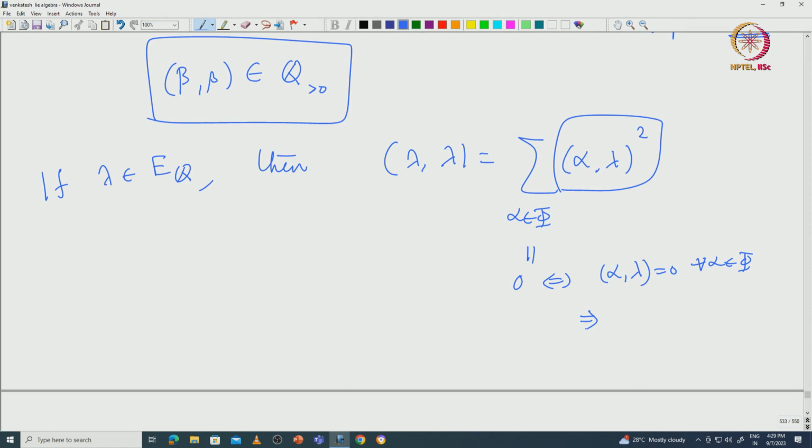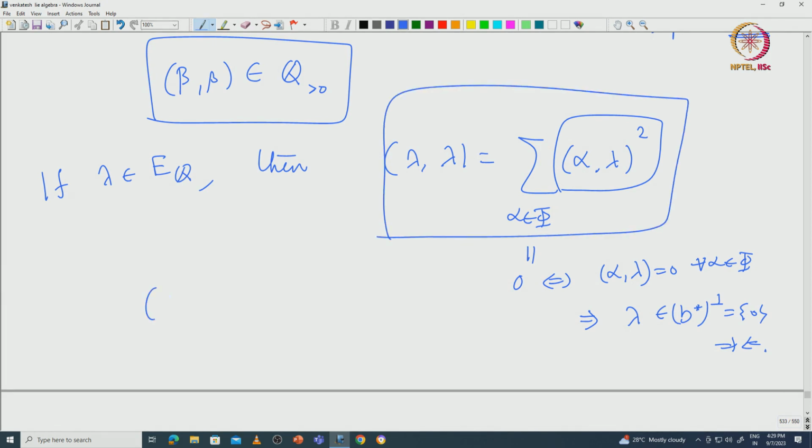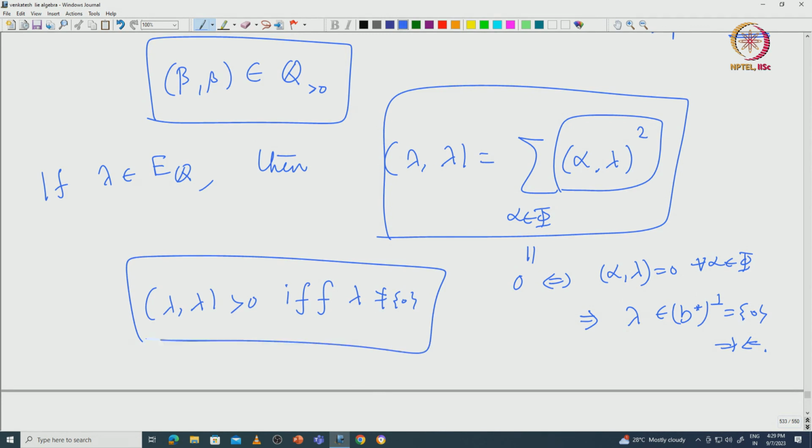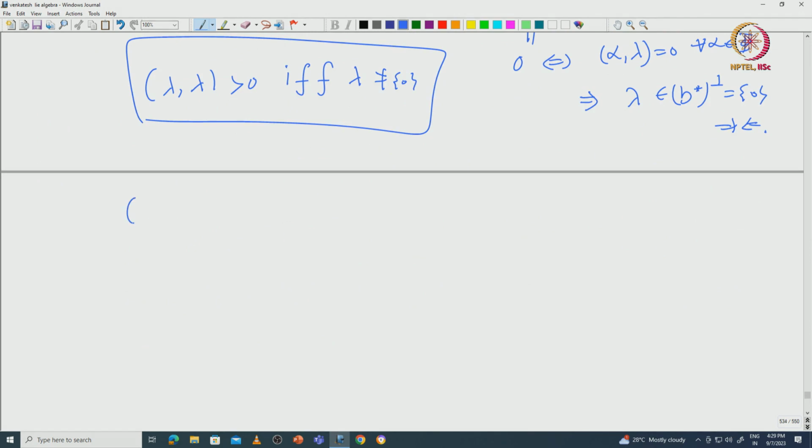So, that forces lambda to be in the H star perp, but that is already 0, okay, that is a contradiction. So, that tells you that (lambda, lambda) must be positive if and only if lambda is non-zero. So, that is the definition of a positive definite form. Indeed, what we proved is that the form that we defined on this EQ must be positive definite.